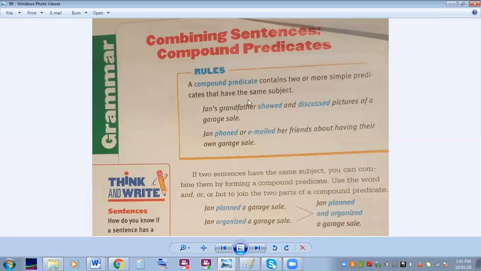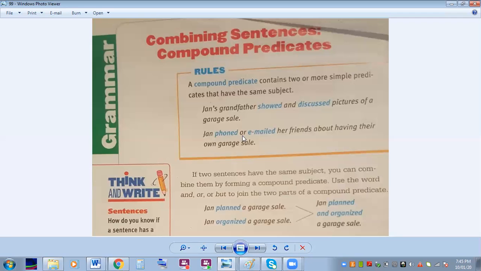So there's one simple predicate and there's the second simple predicate. So Jan's grandfather did two things. He showed and he discussed. We joined the two simple predicates with the conjunction and. Okay? So showed and discussed is a compound predicate. Okay, another one.